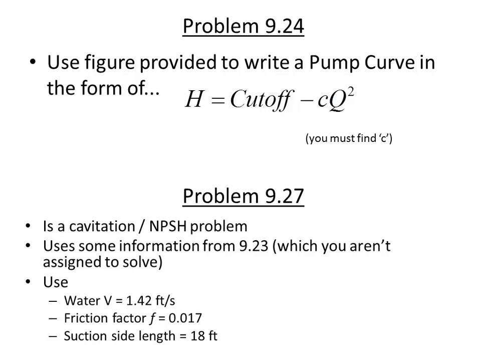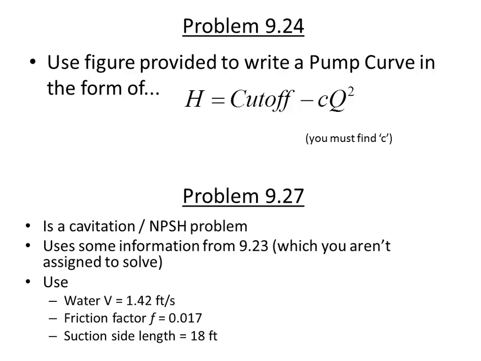Also, for the homework assignment that's due on Wednesday, I wanted to give you a couple of tips. Problem 924, they don't actually give you the equation for the pump. They tell you the equation, I think, for the system curve, but the pump curve isn't given to you directly. There's a figure with which you're supposed to find the pump curve. You'll be estimating the constant that's in front of Q squared.